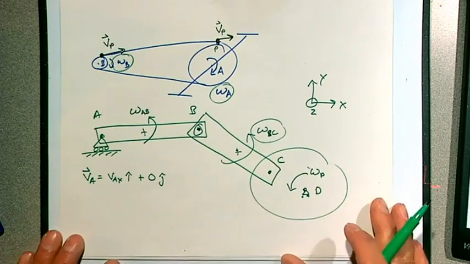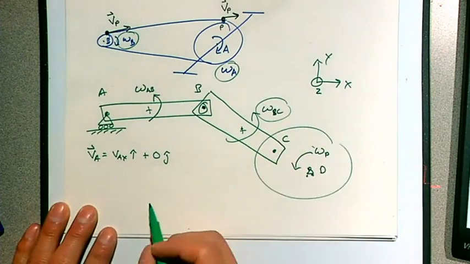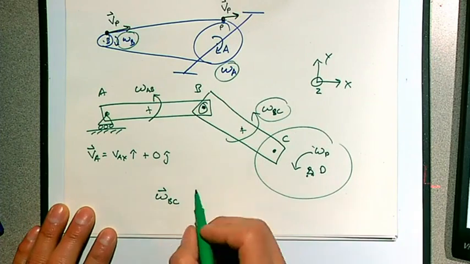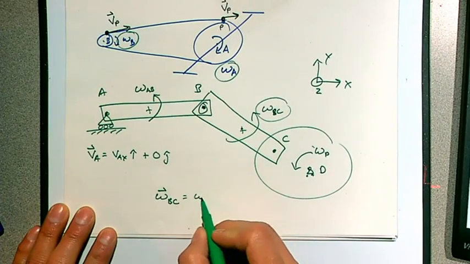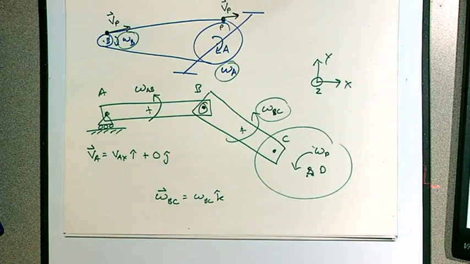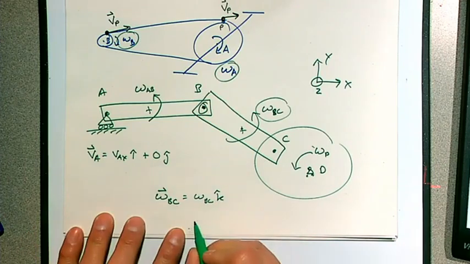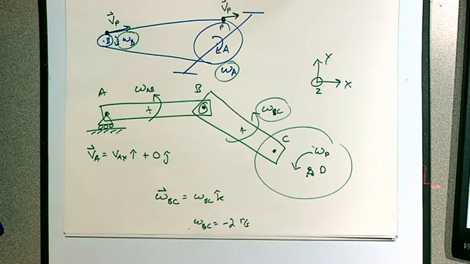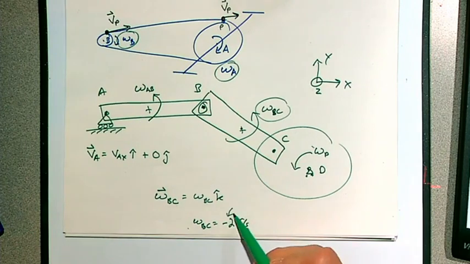And when you go to do your vector equation, your vector stuff, you'll just plug in omega BC in the k direction. You're going to solve the problem through, and then you find out that omega BC is minus 2 radians per second. Who knows? Some number. But you're going to find out it's negative.